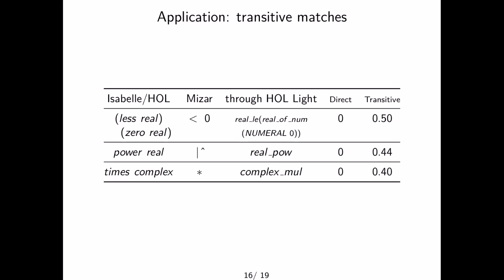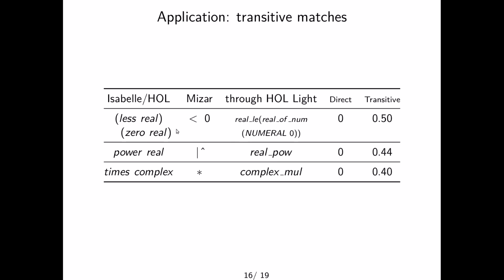Let's say Isabelle and Mizar, you somehow don't manage to map them nicely, you don't find a mapping, but you could go through another theorem prover and find a mapping through that theorem prover. Here, if you look at the direct mapping between this subterm less real and less of 0 in Mizar, the direct mapping gives you a score of 0.